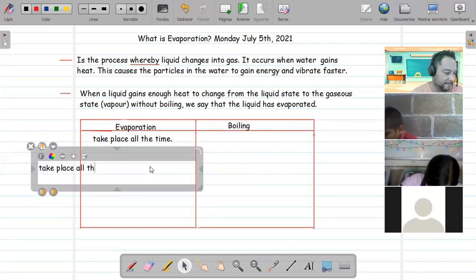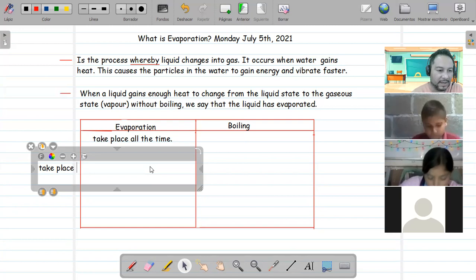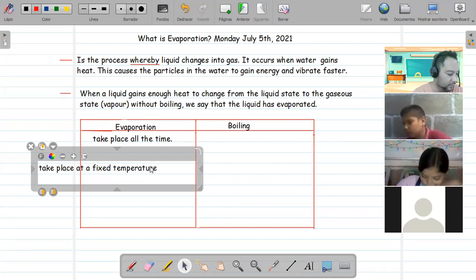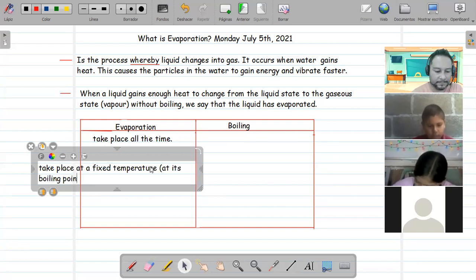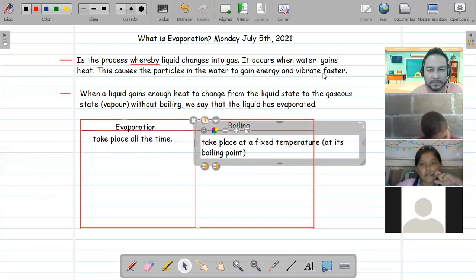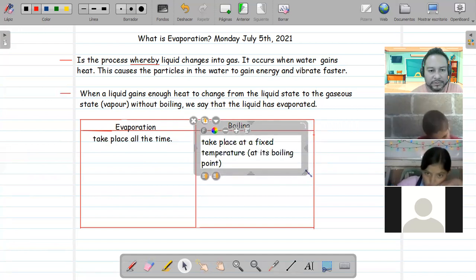Now for boiling: takes place at a fixed temperature, in parentheses we write at its boiling point. Boiling point.